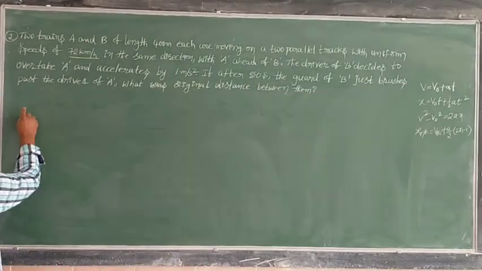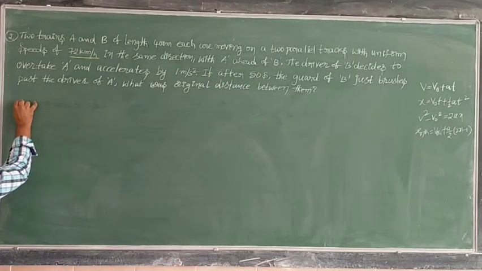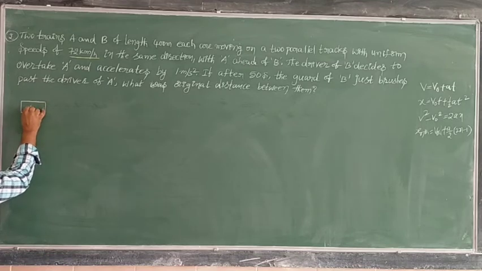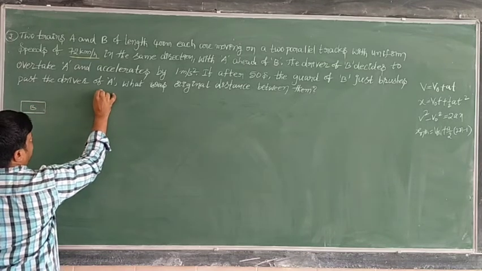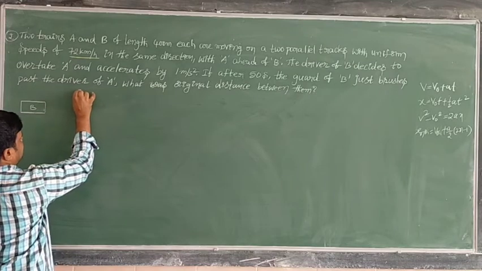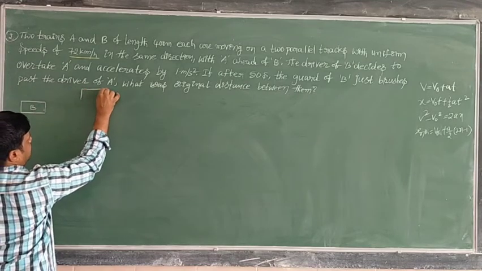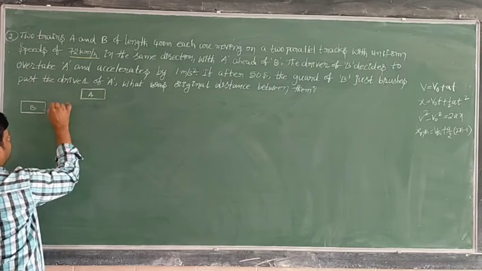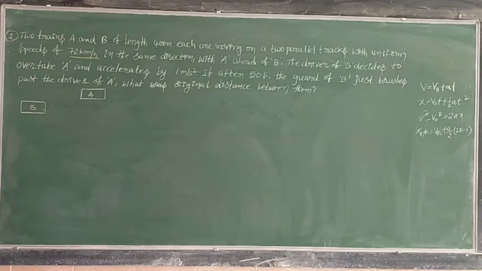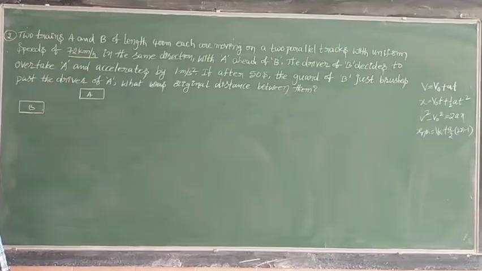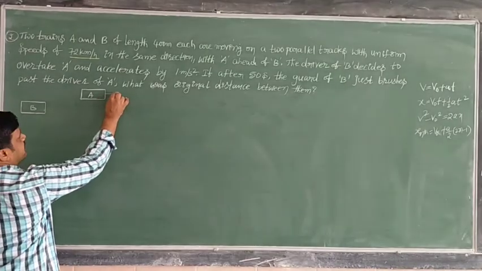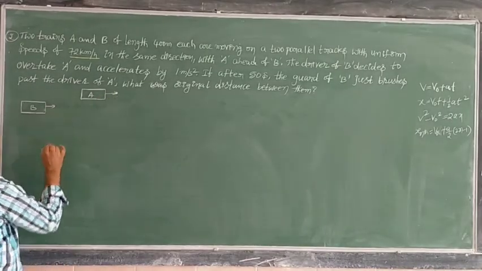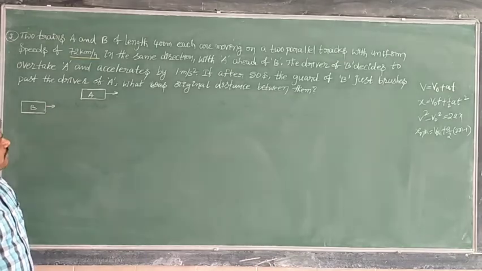That means here are two parallel tracks. Here B train is there and here A train is there. A is ahead of B. Now two trains are initially moving with a speed of 72 km per hour.